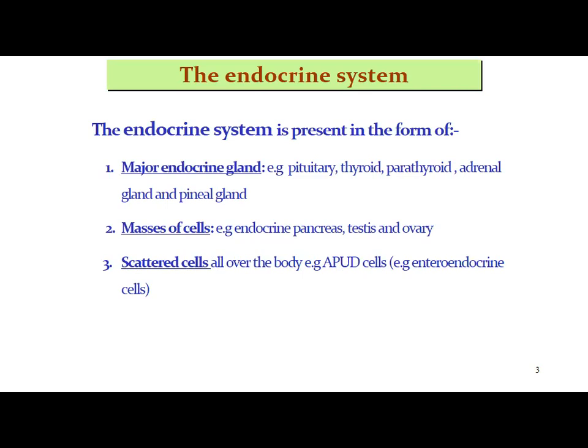So all these are the different types of endocrine organs. One is the major endocrine glands, the big large endocrine glands. Then there can be scattered cells which act as endocrine. Sometimes individual cells also act as the endocrine glands.